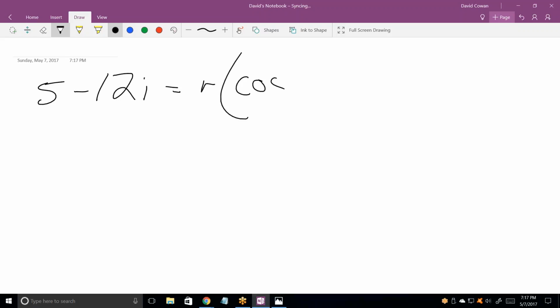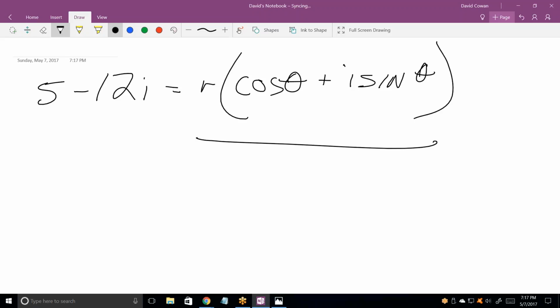Here's what polar form is. This is polar form. It's called the trigonometric polar form for a complex number.